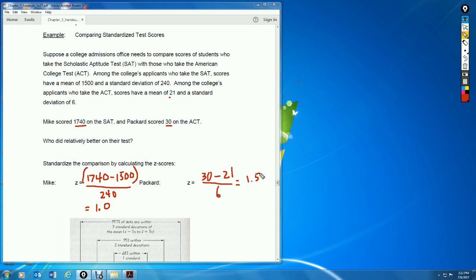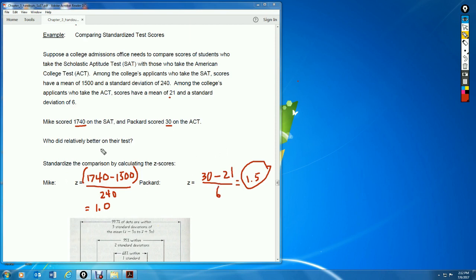Okay. So the point is, Packard's z-score is higher. He did better relative to the population of the ACT test takers than Mike did relative to his population of SAT takers. All right.